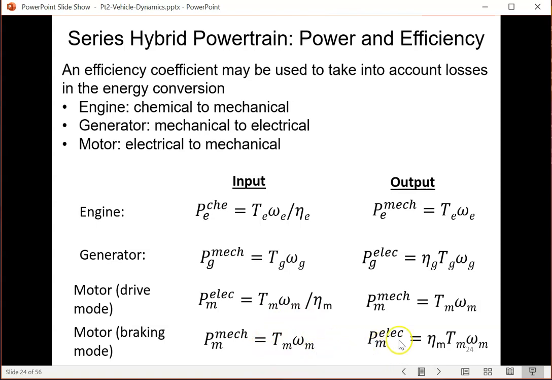The output will be electrical, which is the mechanical times eta m, the efficiency of the motor as well. So make sure that we are clear about these relationships. It's the power of the engine output with an efficiency factor, that's eta E. Remember, whatever happens, output will always be less than input.